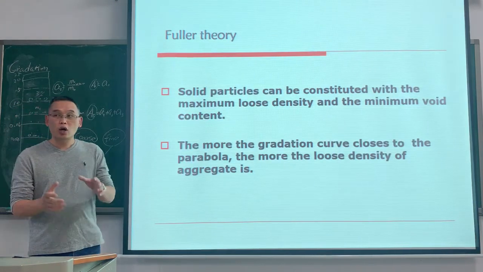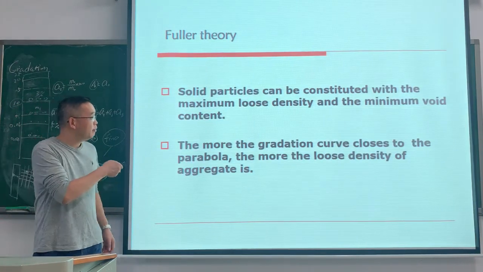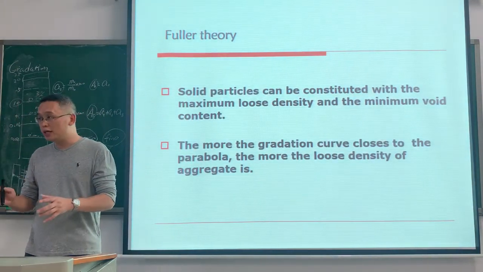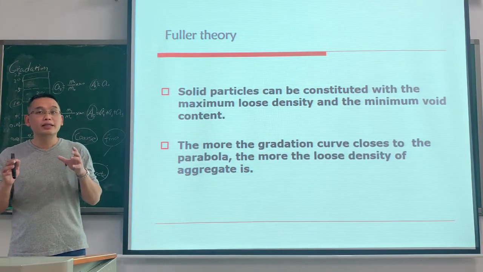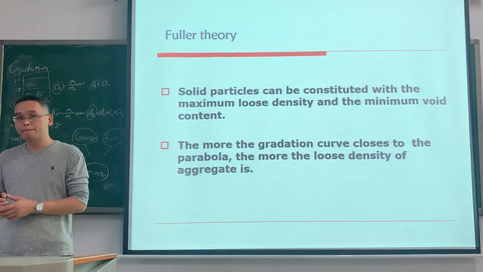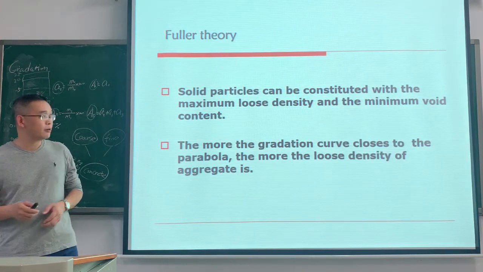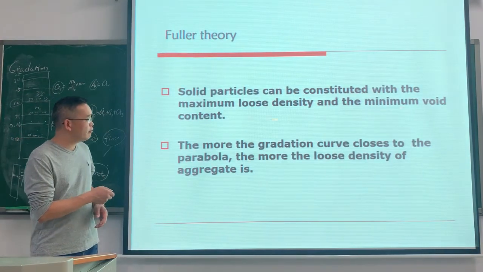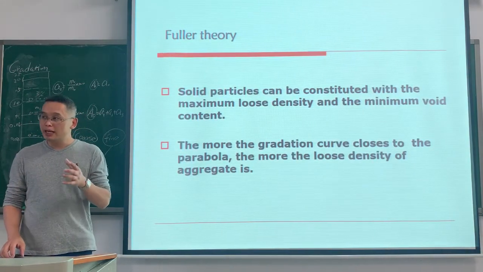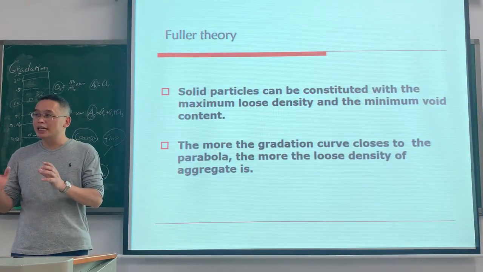The first one, we need to get the maximum density, because for the structural material, if the density is bigger, it always means the strength is bigger. And then the minimum void content means a high density.